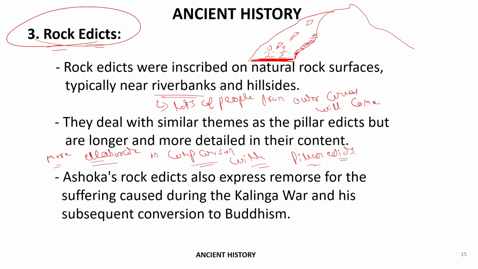Okay, so he used the rock edicts in more detail to show his sorrow, and also he mentioned the factors through which he converted to Buddhism. Okay, so he used rock edicts in this form also.